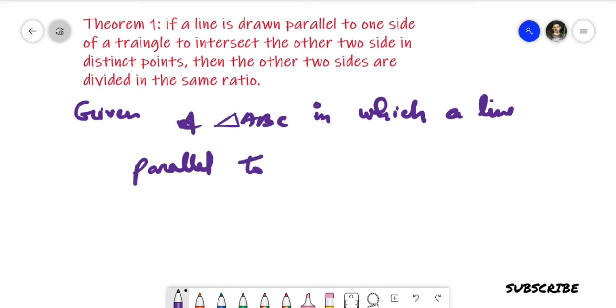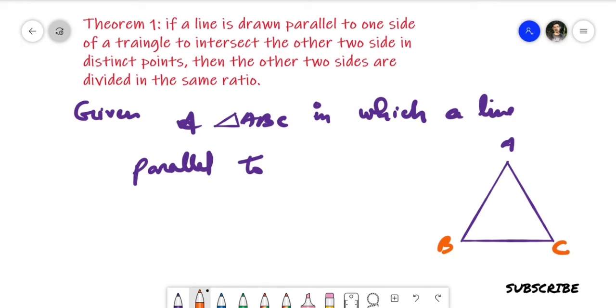Okay, perfect. So this is the triangle. So it says that, let me give a name A. Let me use another pen. This is your B and this is your C.